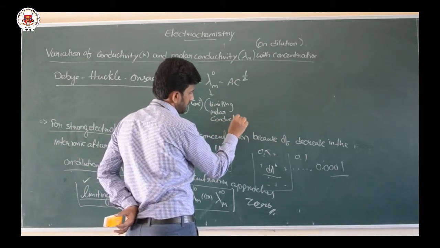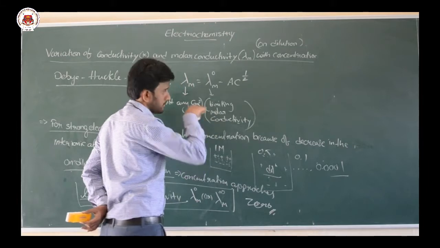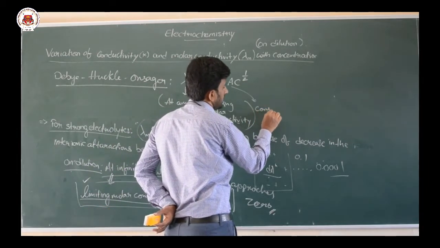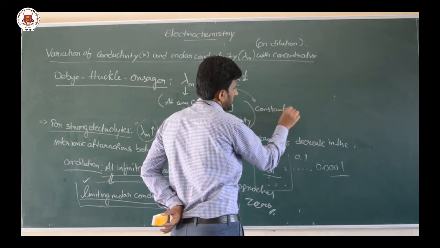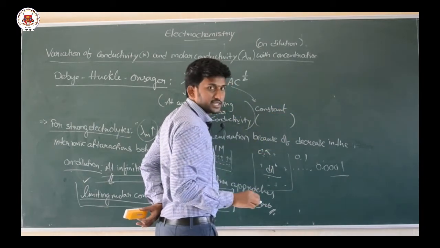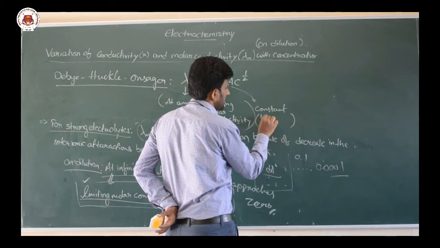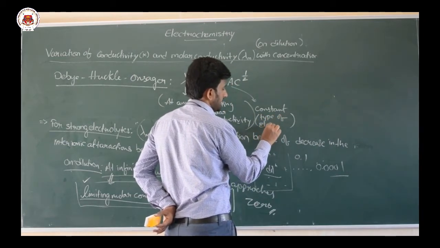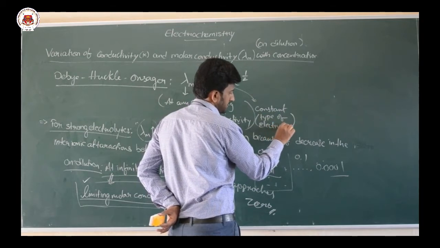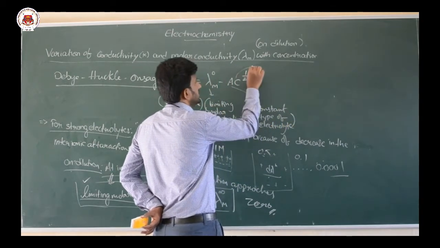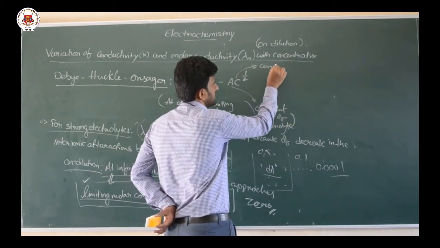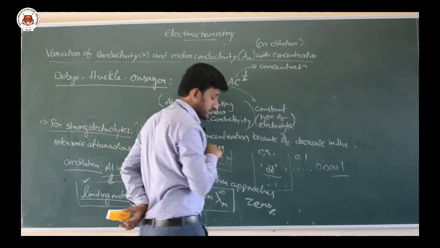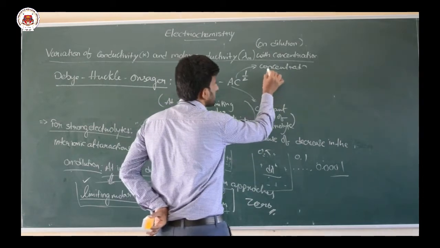A is a constant, and its value at a given temperature depends upon the type of the electrolyte. C is concentration.